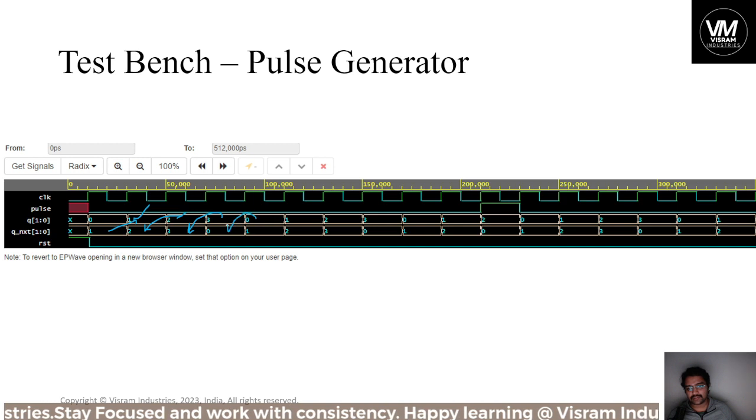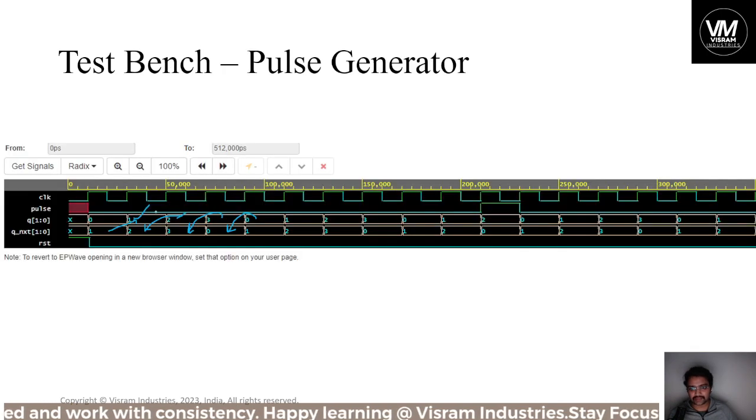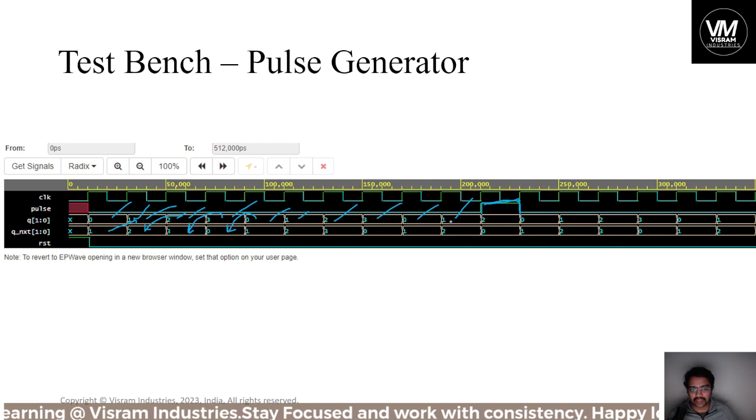So it follows. Likewise, after 11 generations of these modules, for example 1, 2, 3, 4, 5, 6, 7, 8, 9, 10, 11, now here Q is equal to 10.